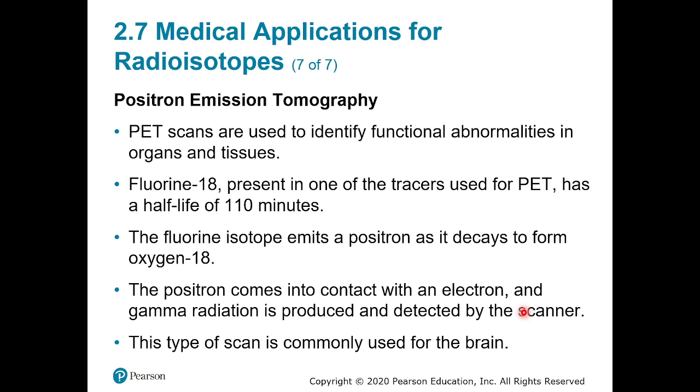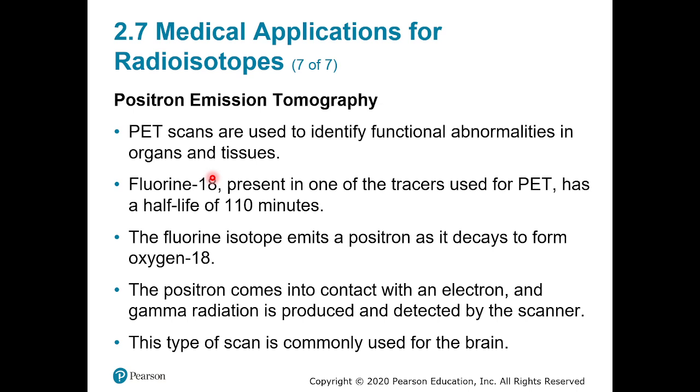So this type of scan is typically used for the brain because it has a very low dosage of radiation. It's very targeted, and we can look at where we're having a lot of activity. Typically, this fluorine-18 is attached to something like glucose, and so you would be monitoring how much glucose you're using. Glucose is the only form of energy your brain uses, and so that would tell you how much energy that part of the brain is using.